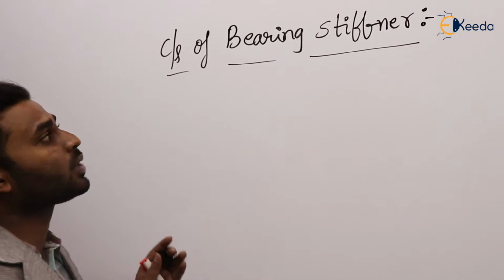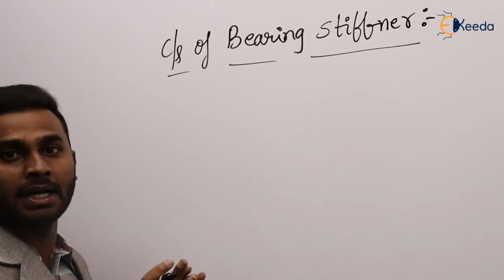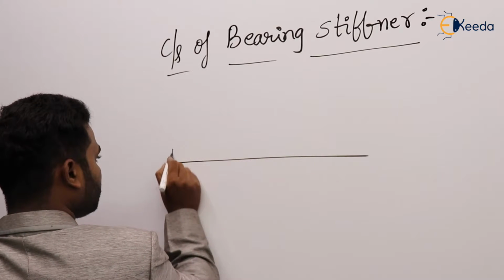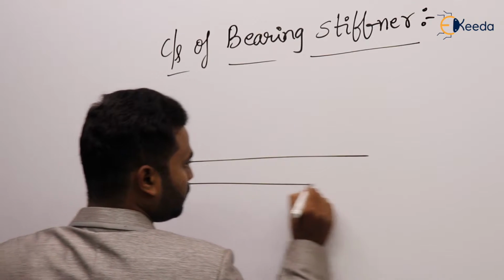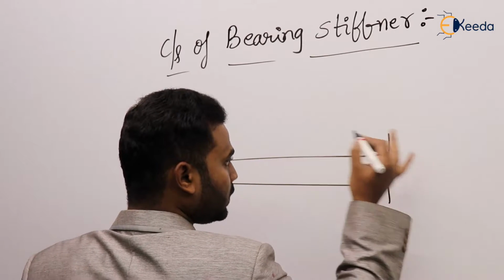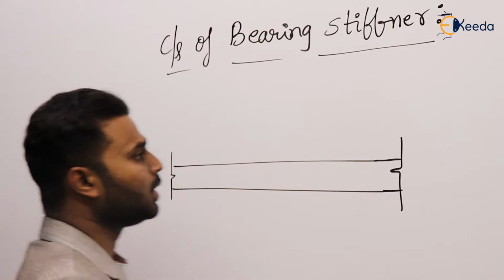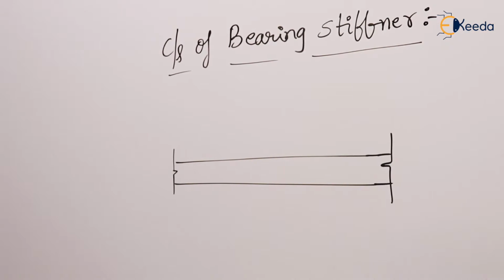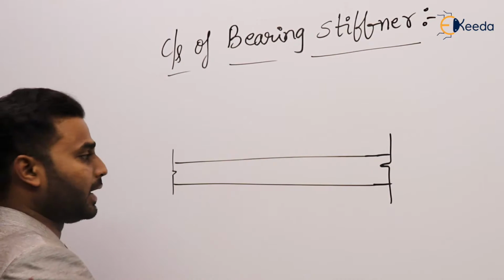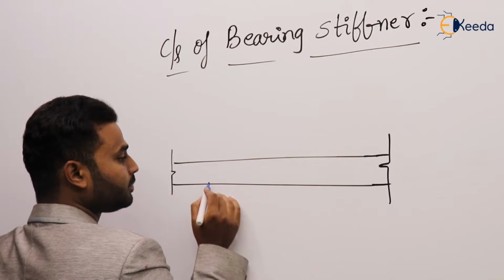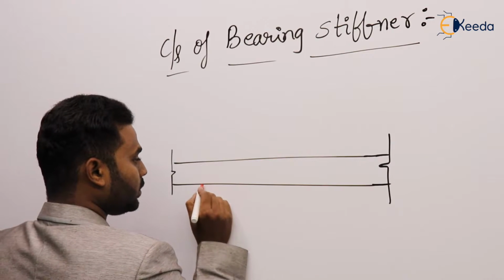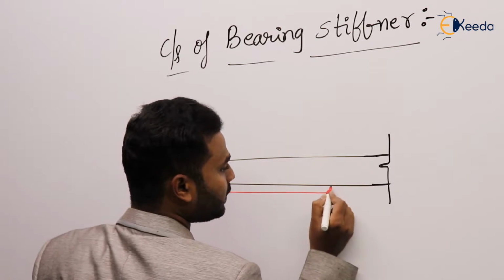Okay, so we are going to connect these stiffeners to the web plate of a plate girder. Clear? So this is the web plate. To this web plate, we have connected the angles as stiffeners, back to back, two angles on both sides of the web plate. Here we are going to provide a packing plate.